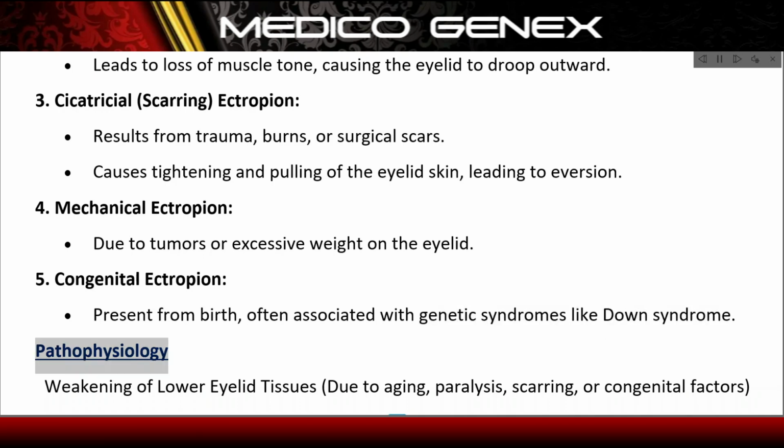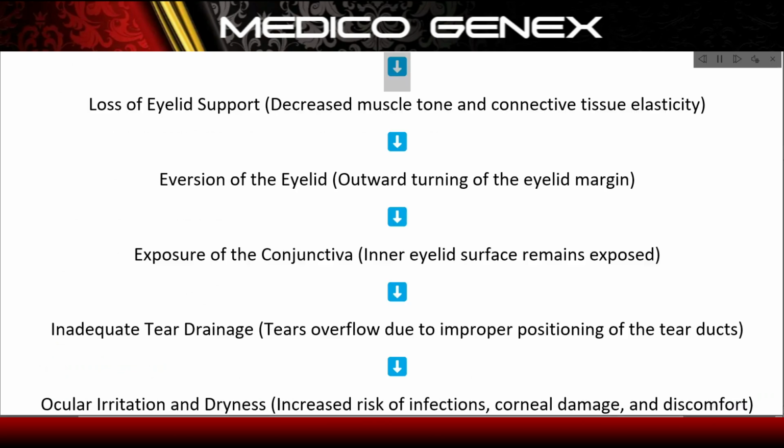Pathophysiology. Weakening of lower eyelid tissues, due to aging, paralysis, scarring, or congenital factors. Leads to loss of eyelid support, decreased muscle tone and connective tissue elasticity. Then eversion of the eyelid, outward turning of the eyelid margin.